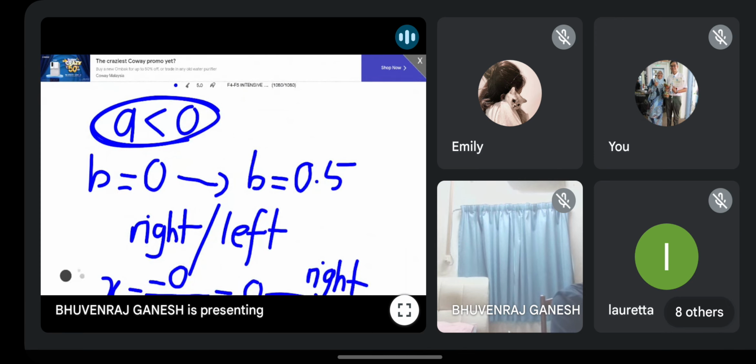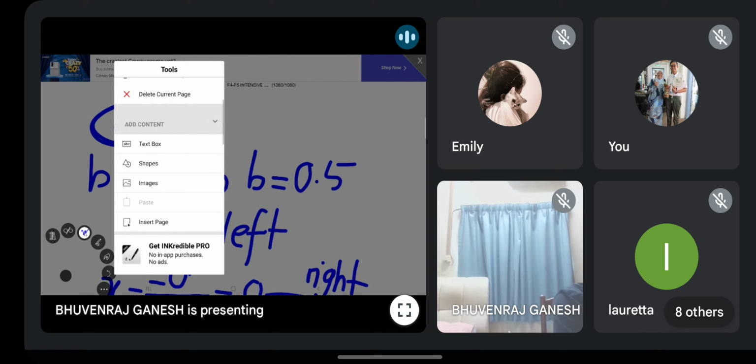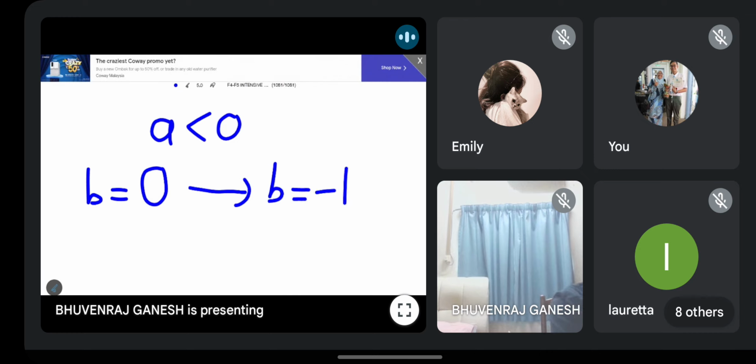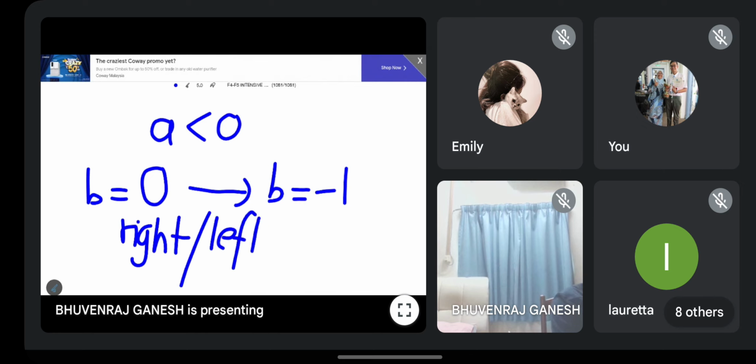That's the last for today. I just make the number decrease only. Then you'll understand already. So now same condition, a less than 0, b equals 0, change to b equals negative 1. So can I ask you all, right or left? Kanan ke kiri? So try the thing and see, guys.